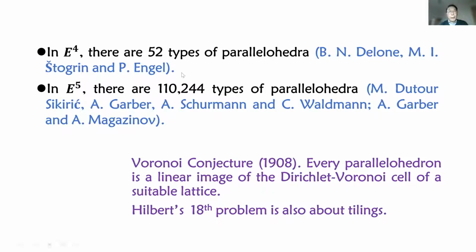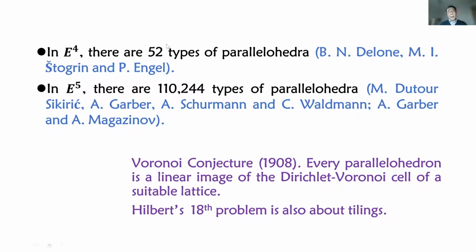In high dimensions, the story becomes very complicated. In four dimensions, we now know there are 52 types of parallelohedra. Delone and Stogrin discovered 51, and many years later, Peter Engel from Bern, Switzerland, was able to discover the other one.